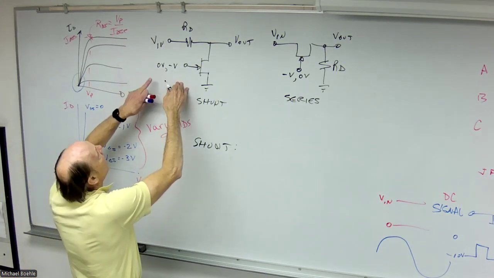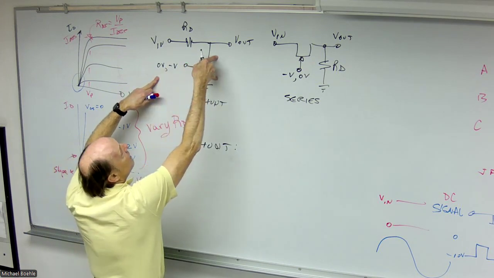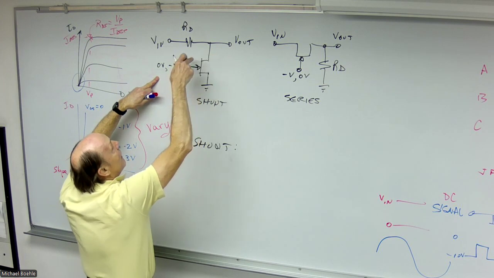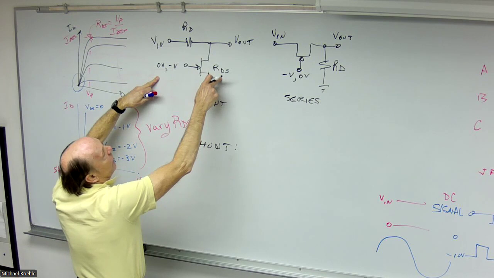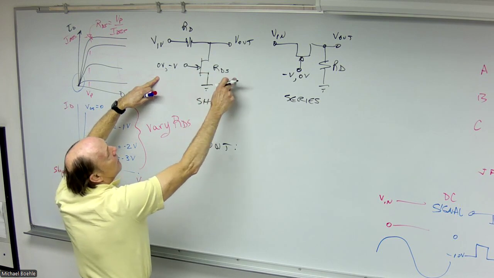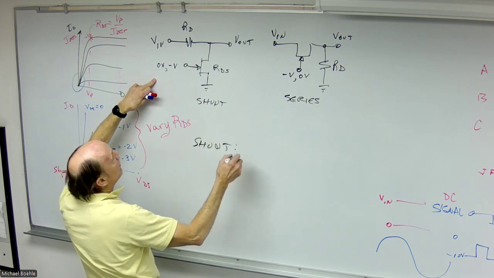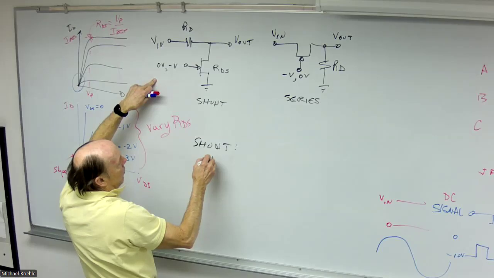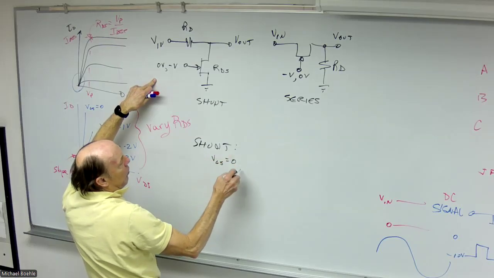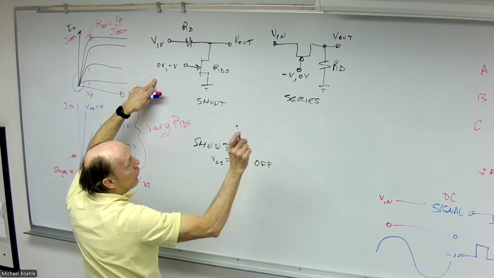So for this device, when I have 0 volts input, this is on. And this is going to act like RDS. Now, under those conditions, in the shunt configuration, when the gate source voltage is 0, the switch is off. And here's why.